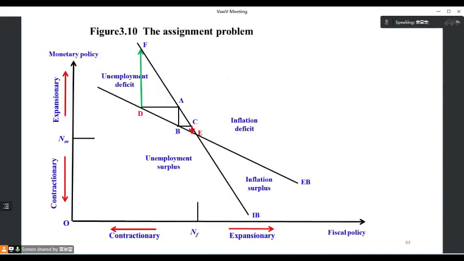Let's go back to Figure 3.10. When the line EB intersects with the line IB at the point E, it means equilibrium at internal balance and external balance.